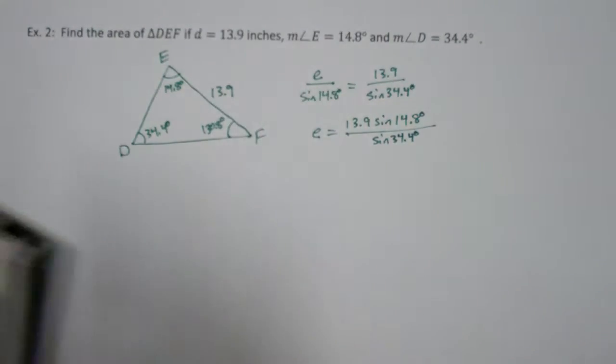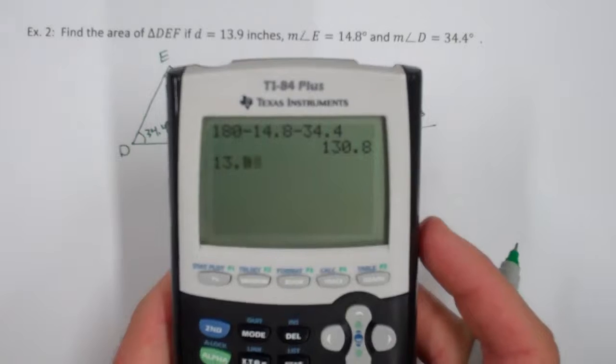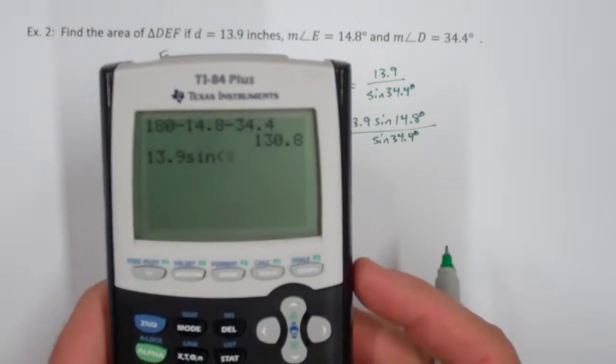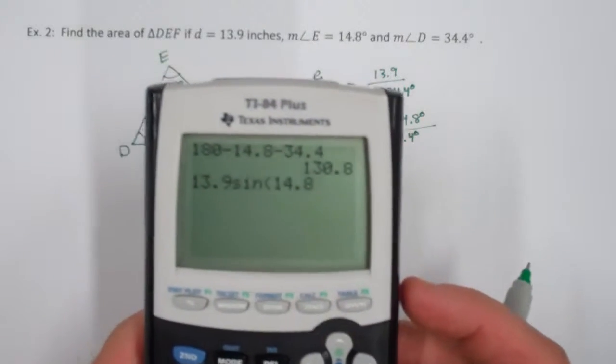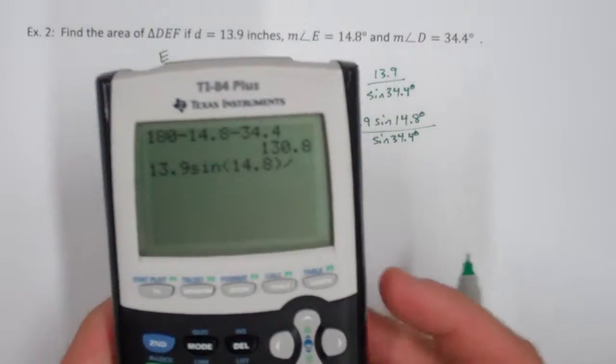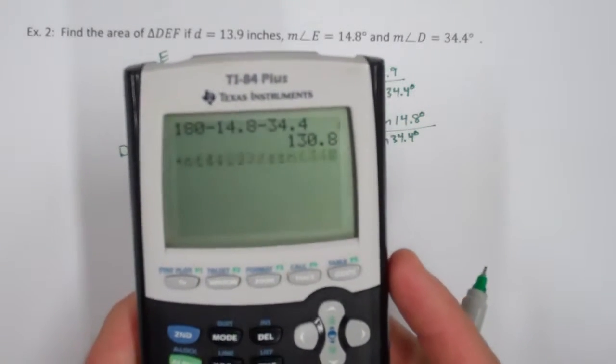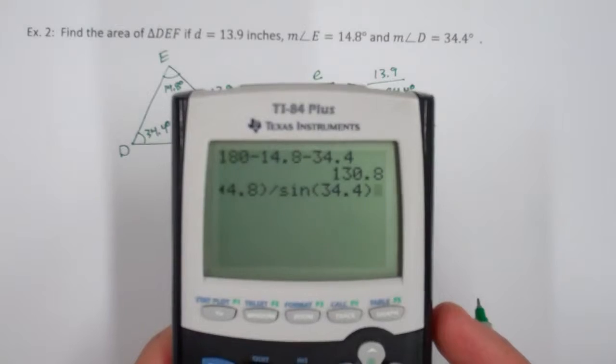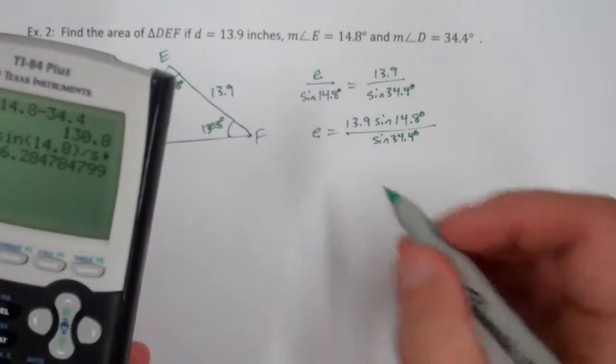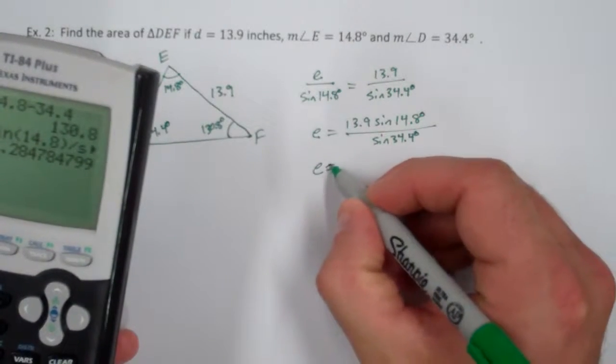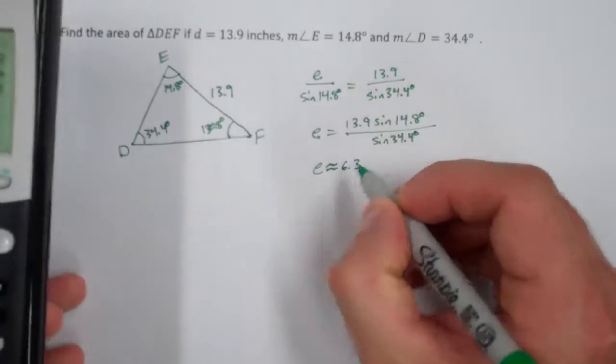And we can type this into the calculator, 13.9 sine of 14.8. Be sure to close your parenthesis there, it'll really mess things up. And sine of 34.4. Okay, 6.3, about 6.3 here for E.